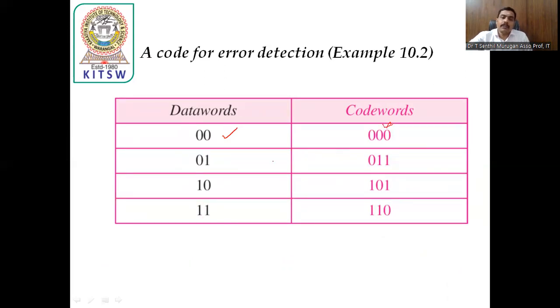In this example they are using the XOR operation. So for 00, both inputs are 0, so the answer is 0, and that 0 is added. Here also 1 1, both inputs are the same, so they add 0. But here these two inputs are different, so they add 1. So this is the code word, and according to that, the data will be transmitted.